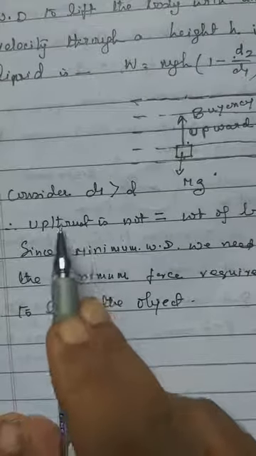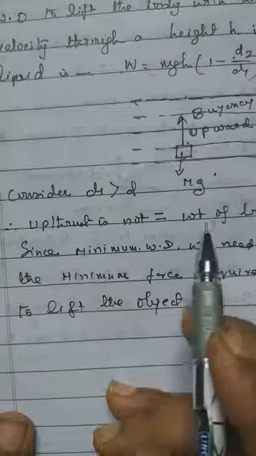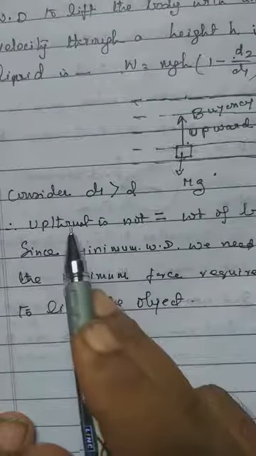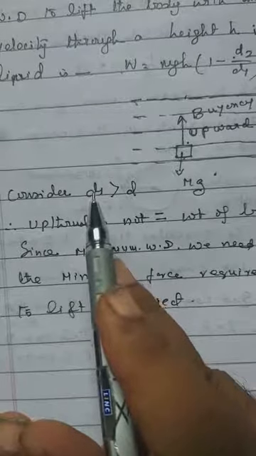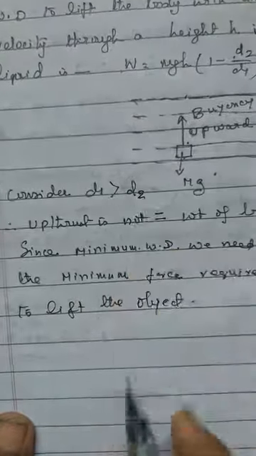Since upthrust is not equal to the weight of the body, because the weight is more than the upthrust, as the density of the body d1 is greater than d2, the density of the liquid.